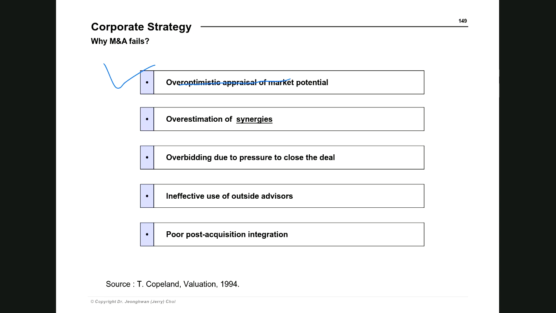Overestimating the potential, we make a mistake. And overestimation of the synergy. 1 plus 1 becomes 2? Not much. 1 plus 1 becomes 1, maybe. Or 1 plus 1 becomes 1,000. I hope so, but maybe not.